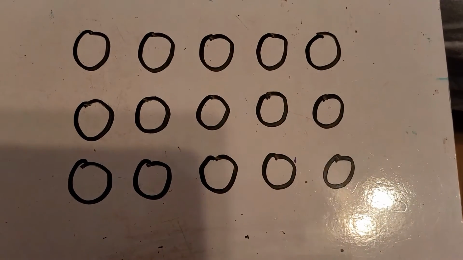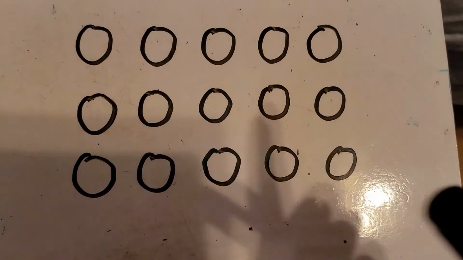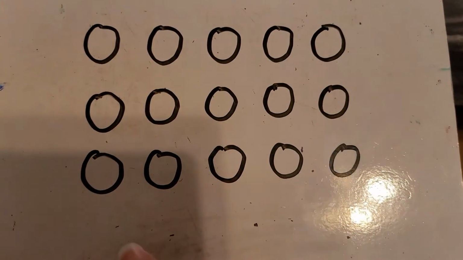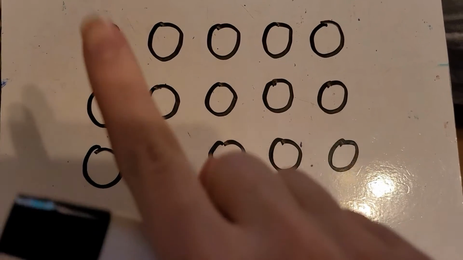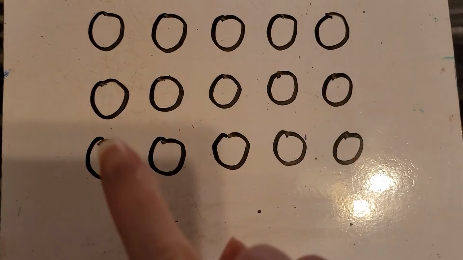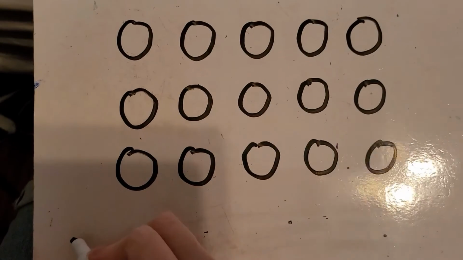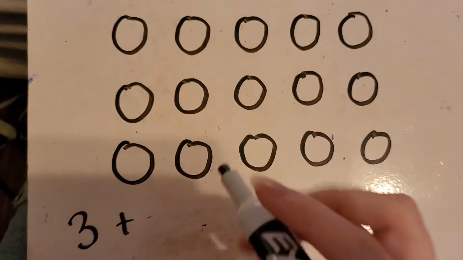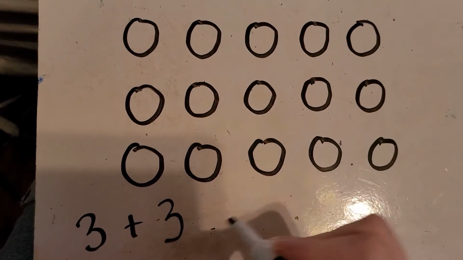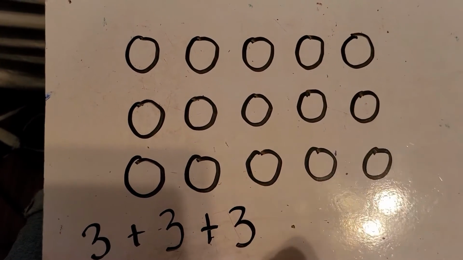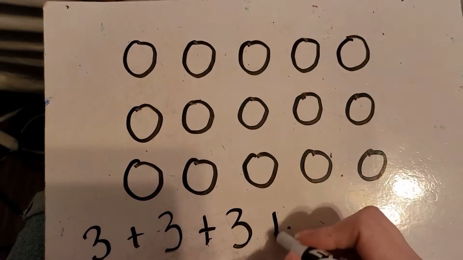Now, even if I counted instead of going from left to right across my rows, I could also go up and down my columns. So if I count by column starting from top to bottom, I have 1, 2, 3. So I have 1 column of 3, then 1, 2, 3 more, another column of 3, and I can keep going and write another number sentence with my numbers from my columns.